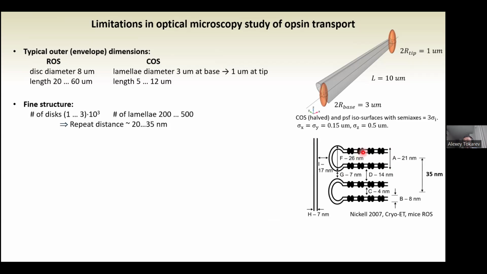The thickness of the membrane is the same. It is about 5 nanometers, and this thickness is due to the length of the phospholipids which constitute this bilayer membrane.